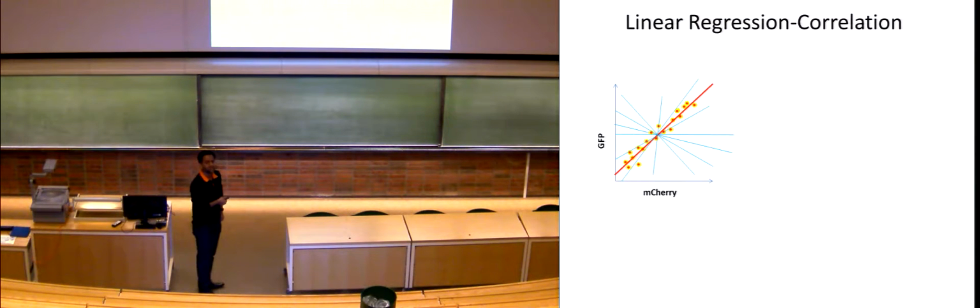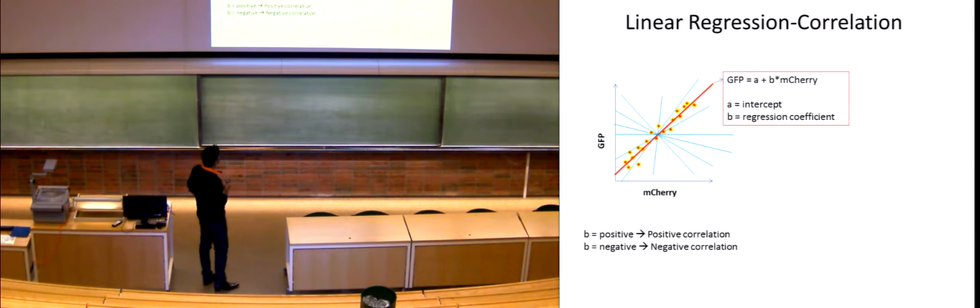We have also seen that for Pearson's correlation coefficient, you have data points and you try to fit a line which passes through them and minimizes the error for every individual point to that line. So we choose the line which has the minimum error in fitting. Based on that line we can identify relationships such as GFP equals A plus B times mCherry.